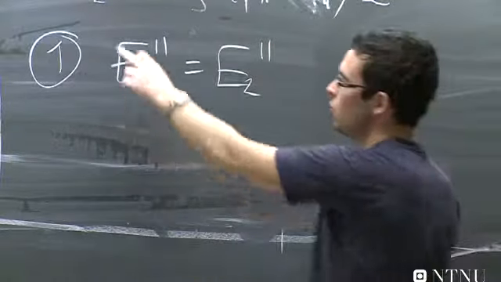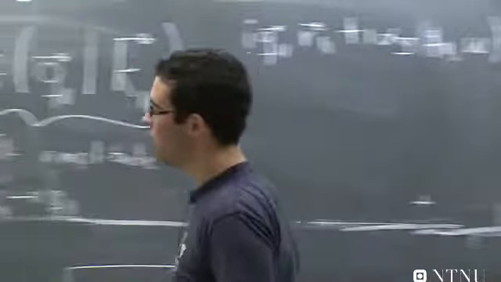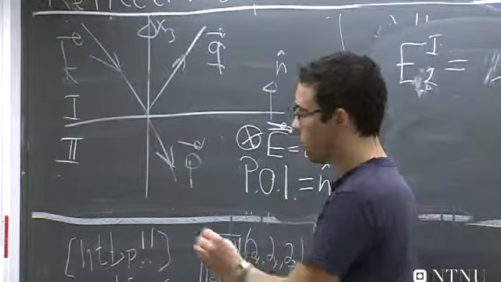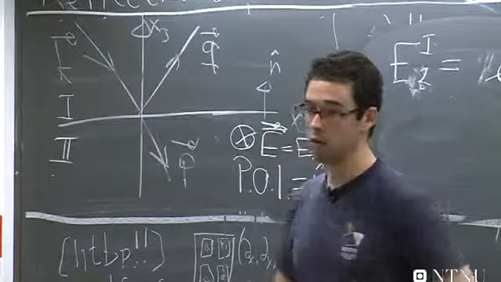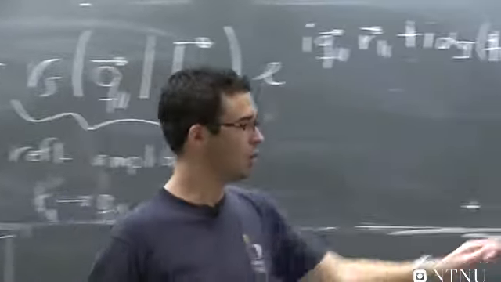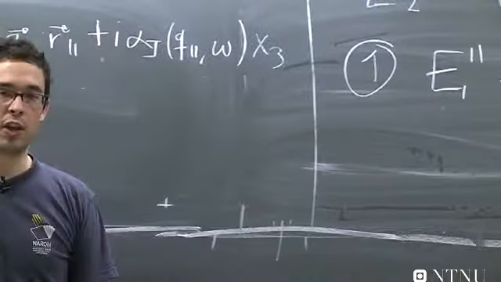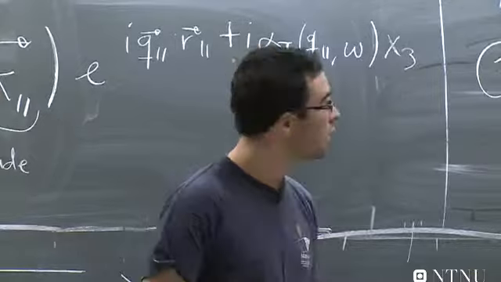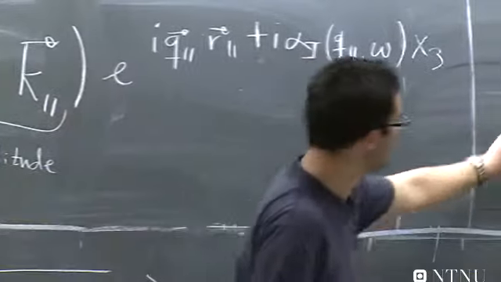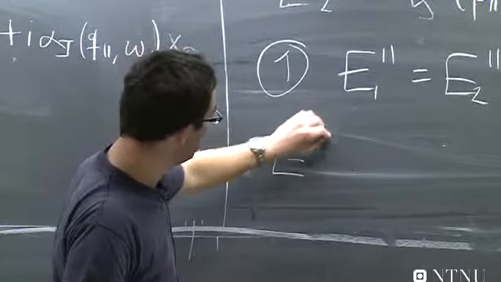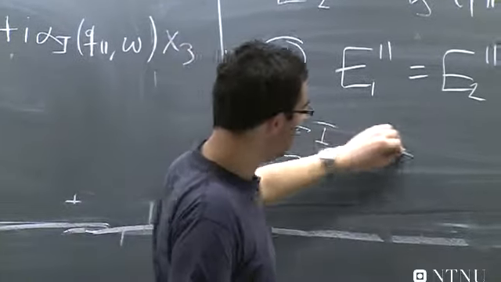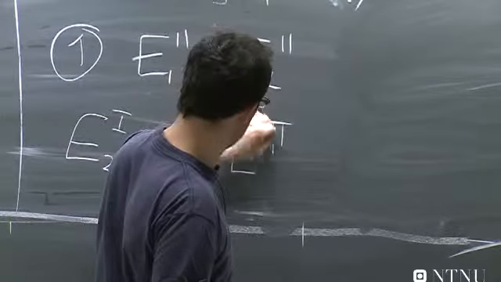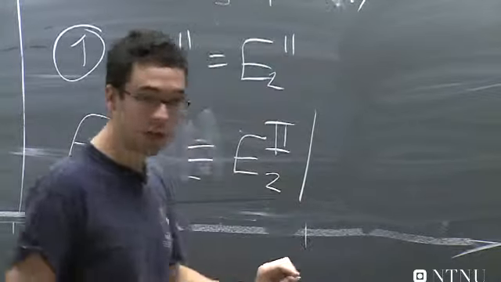You'll notice that E2 is parallel to the interface because it's perpendicular to the plane of incidence, so it's in this plane. So this is really the only boundary condition for the electric field. And to satisfy this, we have to say that E1,2 is equal to E2,2 at x3 equals 0.